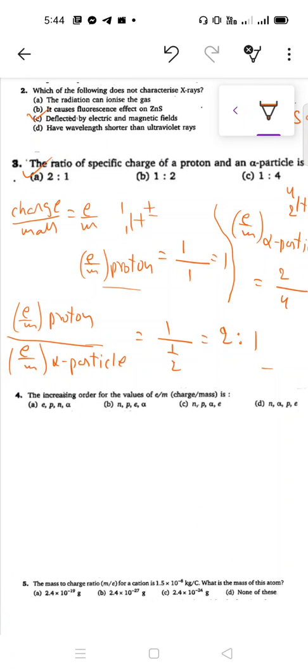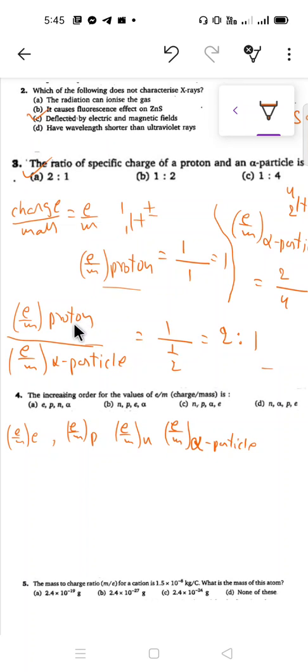Here they ask you E by M value for electron, and then calculate E by M value of proton, then neutron, and then alpha particle. We already calculated E by M value for two of them, proton and alpha particle.